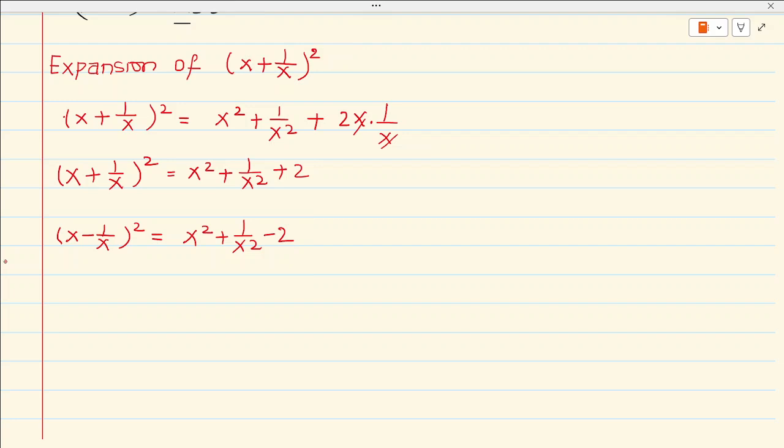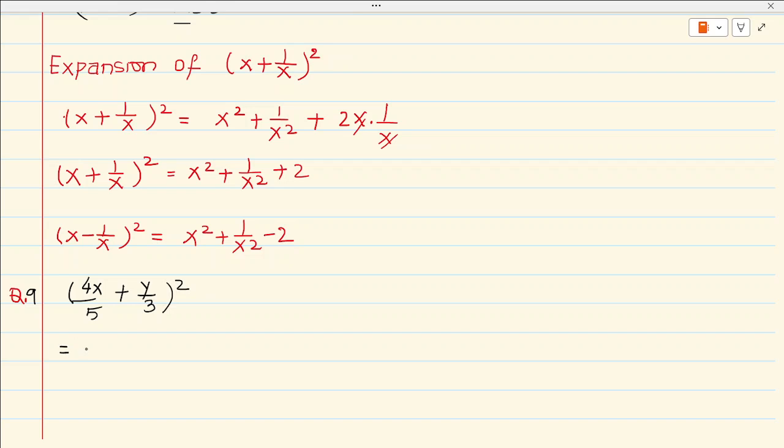Take some simple questions like, okay, question number 9: (4x upon 5 plus y upon 3) whole square. Asked to expand it simply by using the a plus b whole square formula.